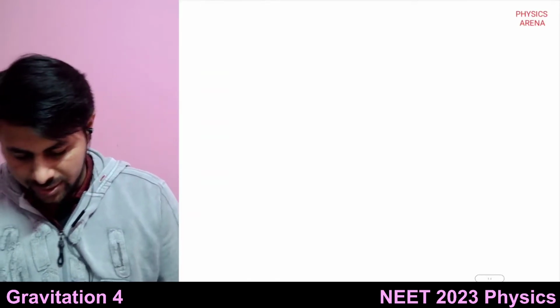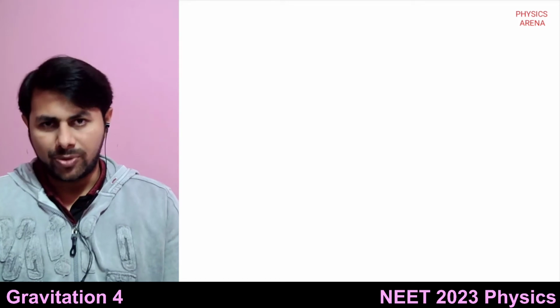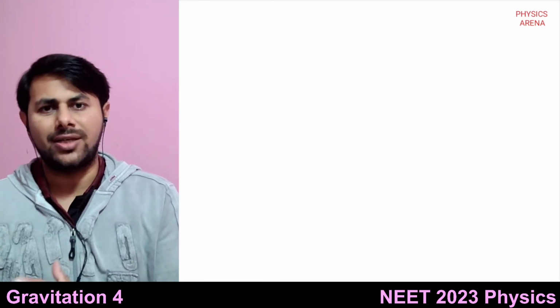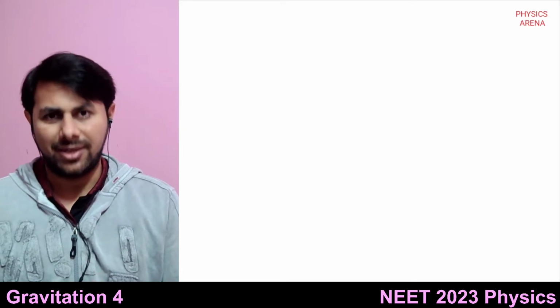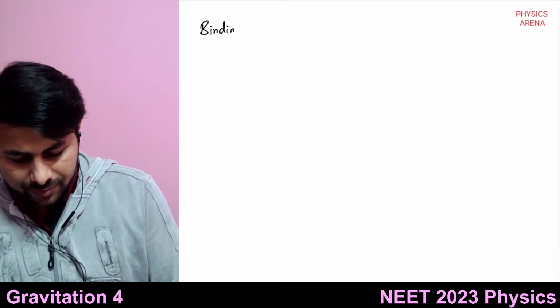All right. So the energy which needs to be provided to any body to make it free from Earth's gravitational influence is known as binding energy. Okay, what is binding energy?